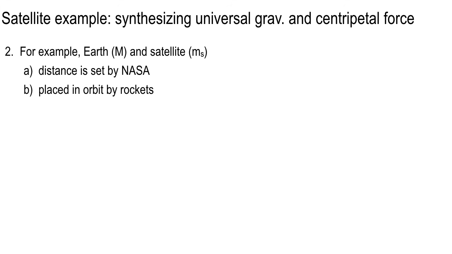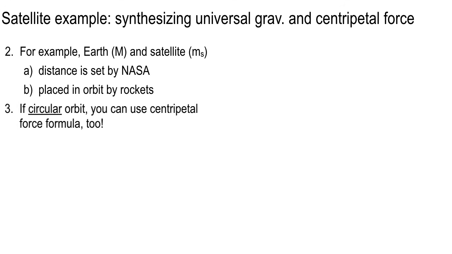So they got to know what they're doing, and what they're doing is using centripetal acceleration concepts and universal gravitation to figure out how to operate spacecraft at any orbital distance that they want.